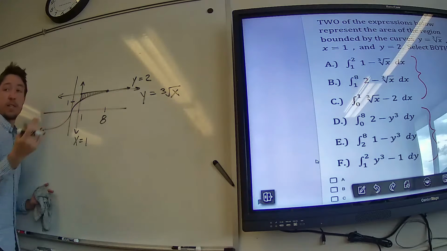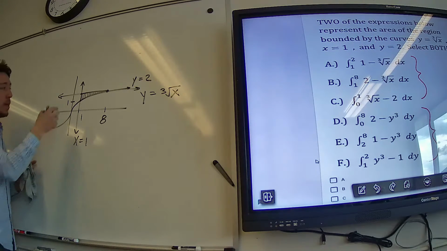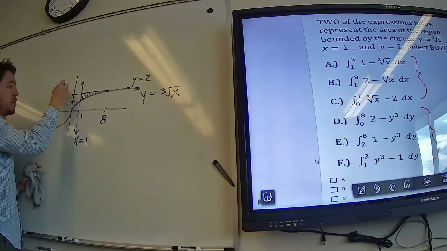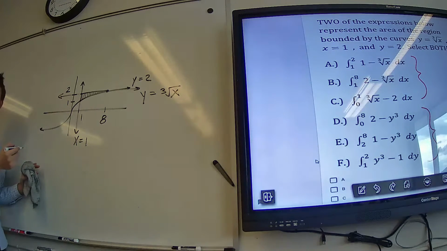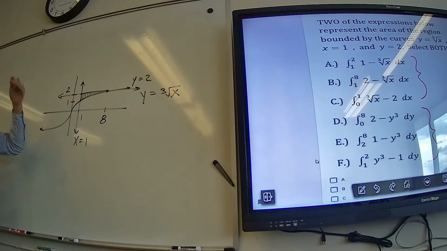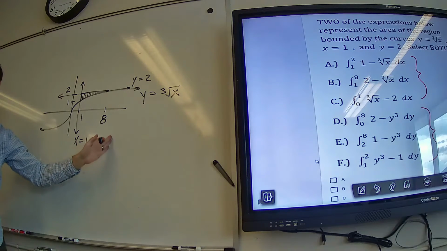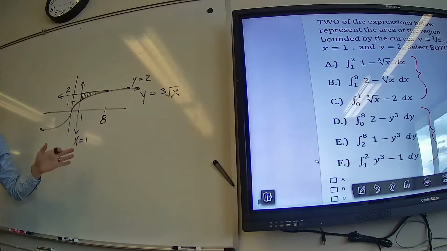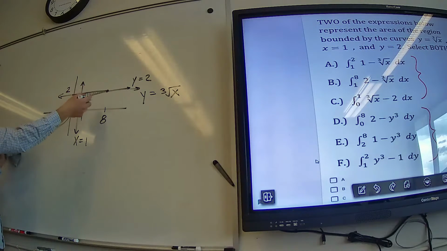Yeah, on this curve, when x is 1, y is 1, right? And then what's this y value? 2. So we already know bound-wise, the y integral is going to go from 1 to 2, whereas the x integral goes from 1 to 8. Make sense? Okay, so let's go through it.